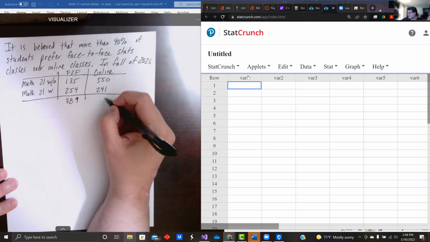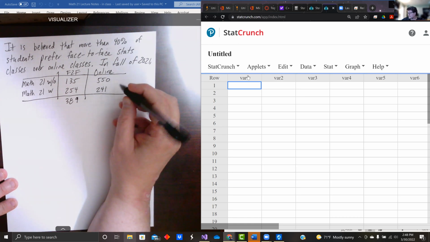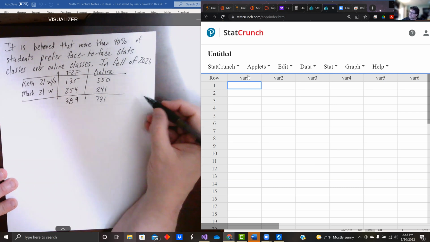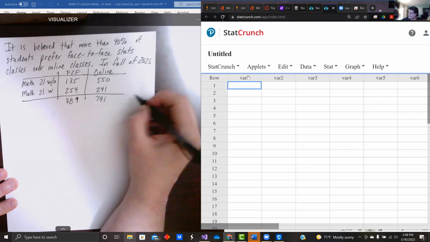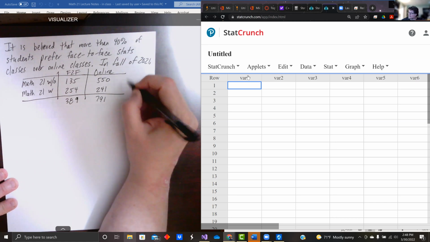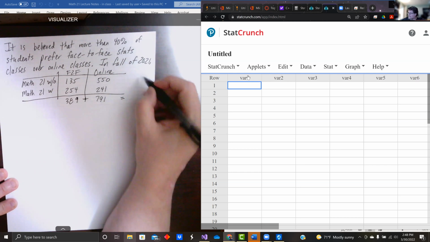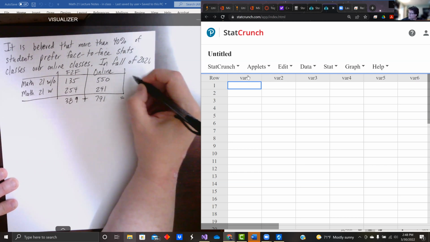And this is, let's see, 197. And we got to add those up. 135 and 550 is 835.